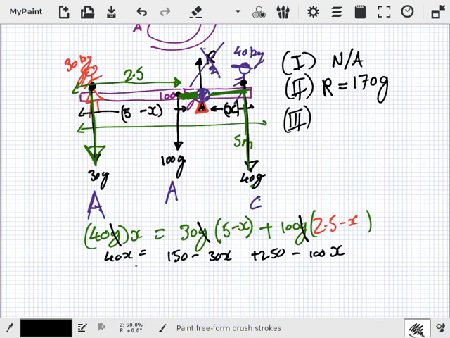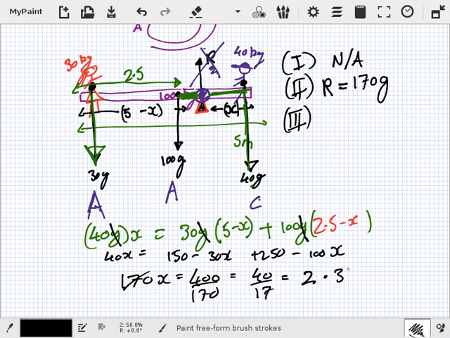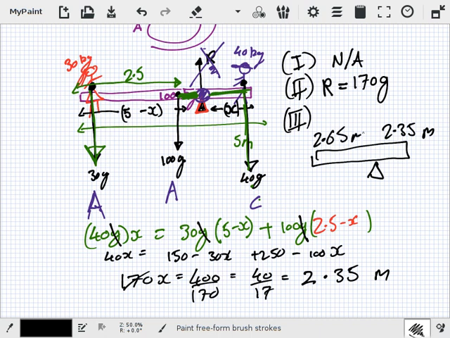So 170x equals 400. So x is 40 over 17, which is 2.35 meters. So the father needs to put it here, where this side is 2.35 meters, and this one is 2.65 meters, and now it's balanced.